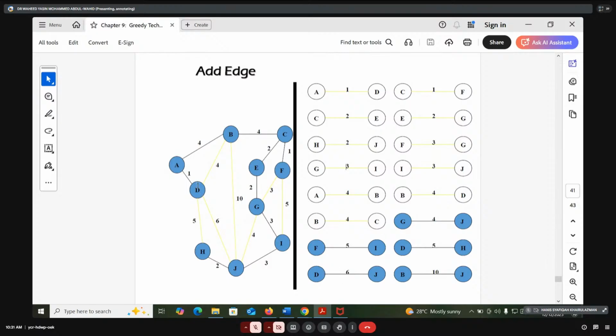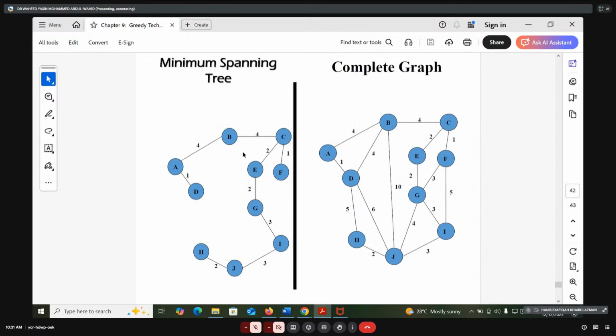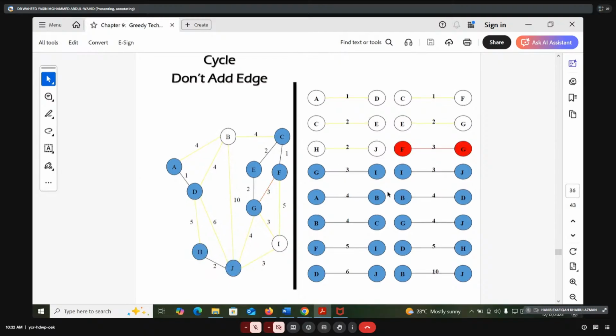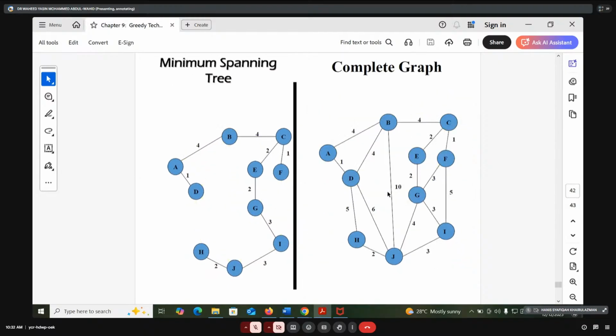DJ, it will also be a cycle. BJ also will be a cycle. That's why I ignore all of them. So here the solution is this. This is the minimum spanning tree. 1, 4, 4, 2, 1, and the rest, the red ones, are ignored. We don't use them for the spanning tree.